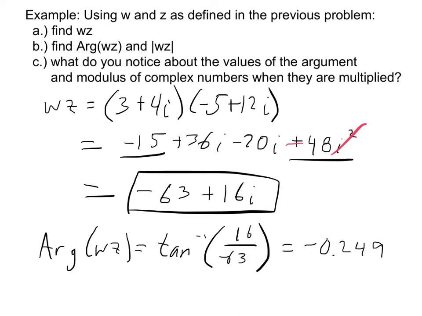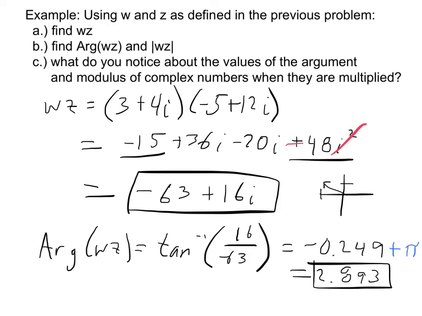Just think about this complex number on an Argand diagram: this is supposed to be negative 63, and 16 is supposed to be over here. Which means I need to take this answer and add pi to it so that I'm getting the appropriate value. So I ended up with 2.893 as the argument for this.